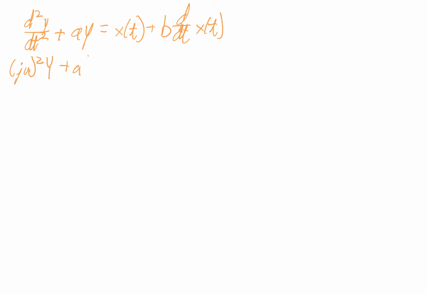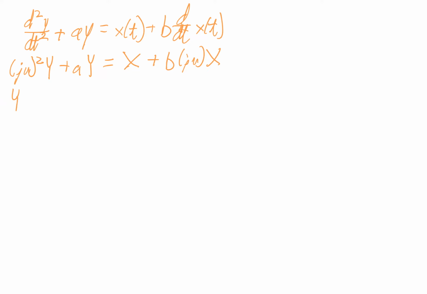Here I have a plus the phasor for y, and the phasor for x will be capital X. And then I have plus b times the phasor for the signal x of t. So that will be j omega times the phasor x. And we want to solve for the phasor y. So we'll factor out the x and the y from each side here.